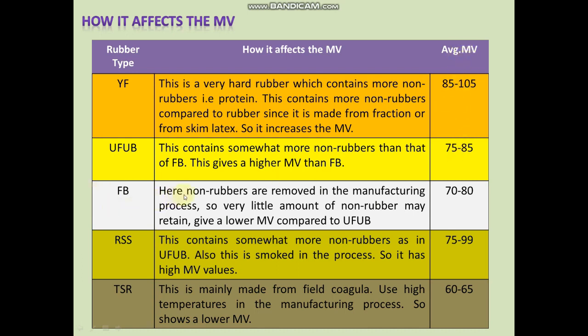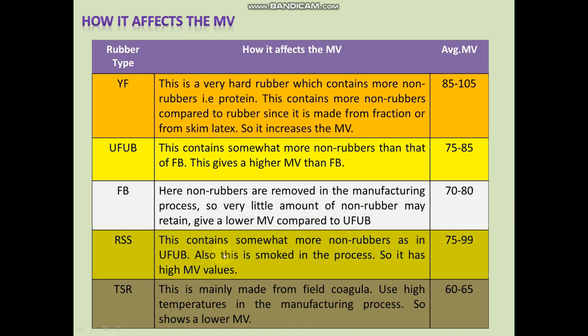In fraction bleached crepe rubber, the non-rubbers are removed during the process, which we call fractionation. So the non-rubber content of this rubber type is very low. Compared to unfractioned unbleached, the FB rubber gives somewhat lower average Mooney viscosity values, from 70 to 80.